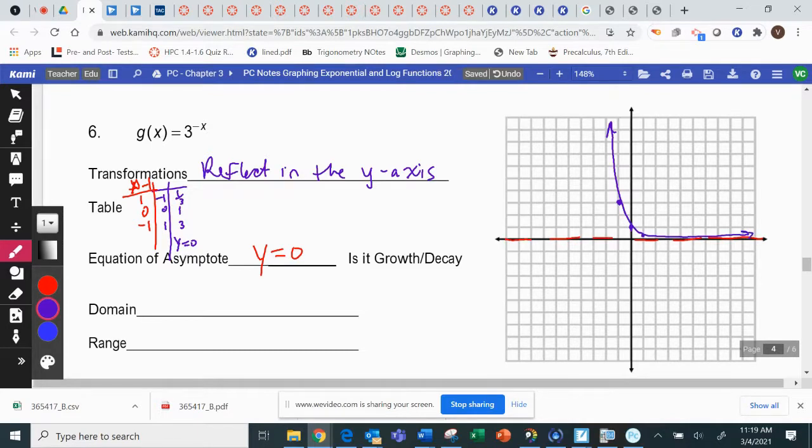So when I graph this one, because of that reflection in the y-axis, this one actually becomes decay. And everything else should be about the same that it's been.